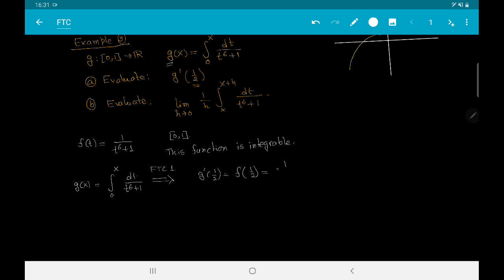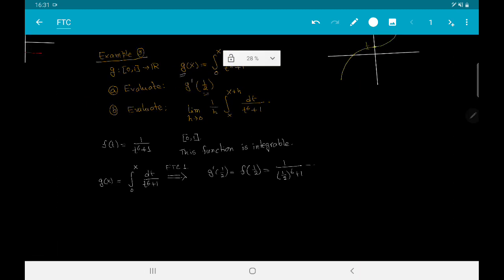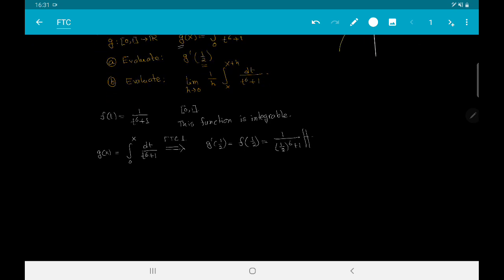And what is the value? What was f of t? 1 by t to the power 6 plus 1. I want to emphasize that you could go on and write this in a very nice form, but even if I ask you to solve this kind of problem in your exam, please feel free to stop right here. It is important to understand the idea rather than doing the hard computations by hand.